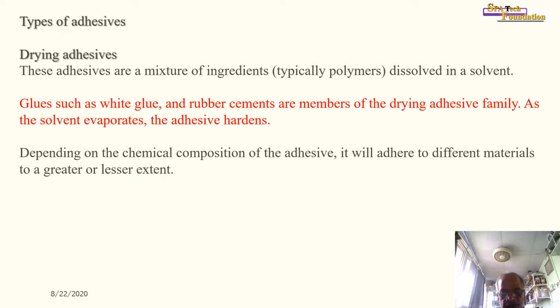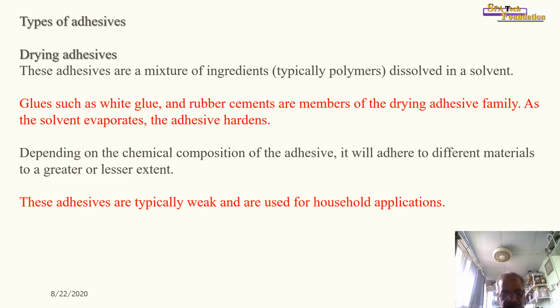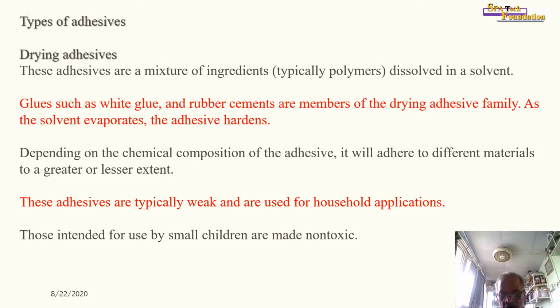Depending on the chemical composition of the adhesive, it will adhere to different materials to a greater or lesser extent. These adhesives are typically weak and are used for household applications. Those intended for use by small children are made non-toxic.